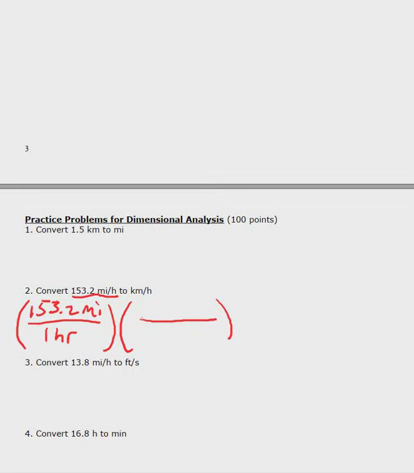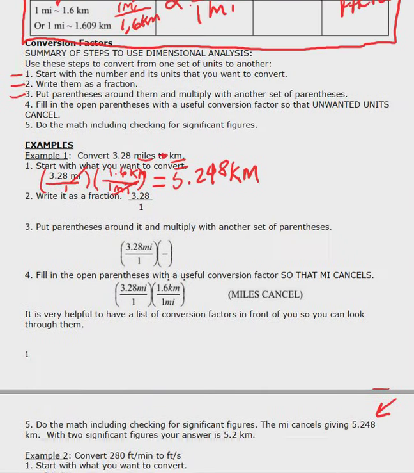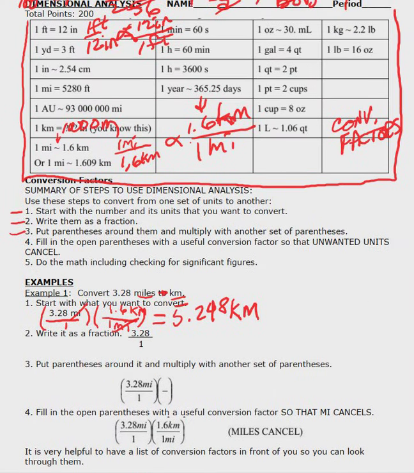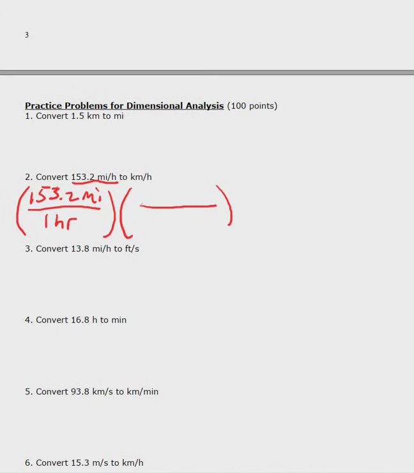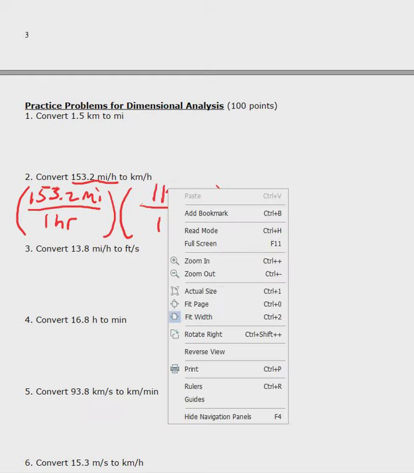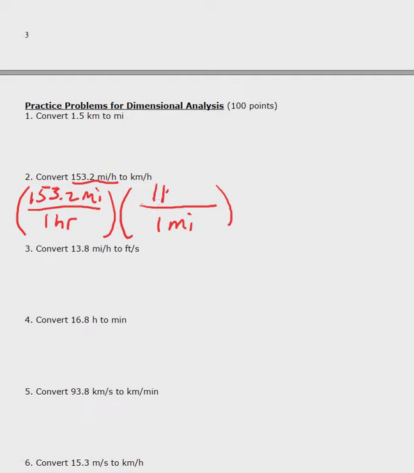We want to find miles to kilometers. And it's the same thing that we did before. We want to cancel out the miles, so they have to be on the bottom for the conversion factor. So 1 mile is 1.6 kilometers.